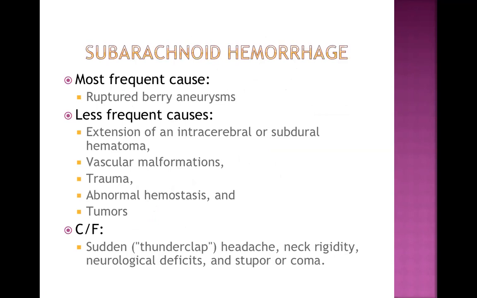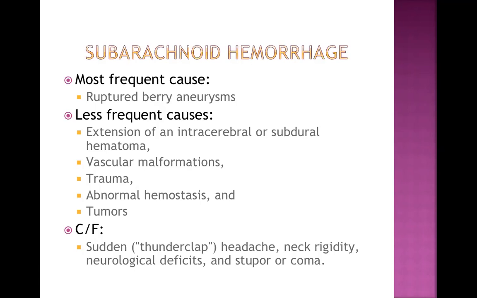Now, what is subarachnoid hemorrhage and what are the common causes? Subarachnoid hemorrhage occurs in the subarachnoid space inside the cranial cavity, and the most frequent cause is rupture of a berry aneurysm. Now, these berry aneurysms are congenital aneurysms which are already there. Somehow if they are ruptured, then there is subarachnoid hemorrhage. Apart from berry aneurysm, other less frequent causes are extension of an intracerebral or subdural hematoma.